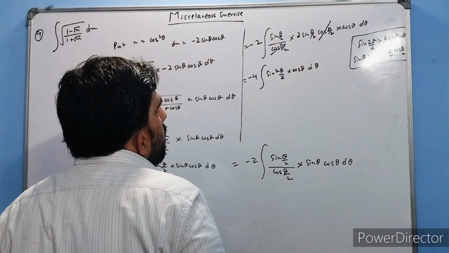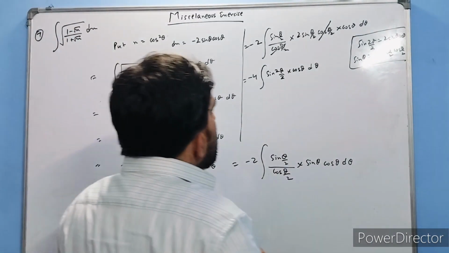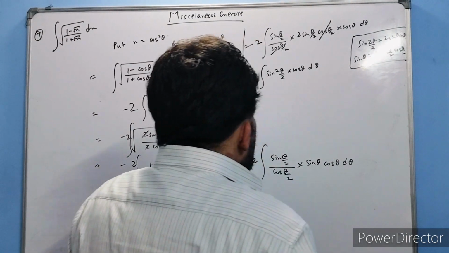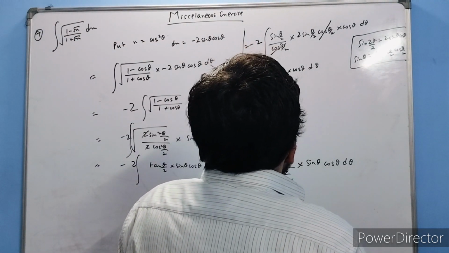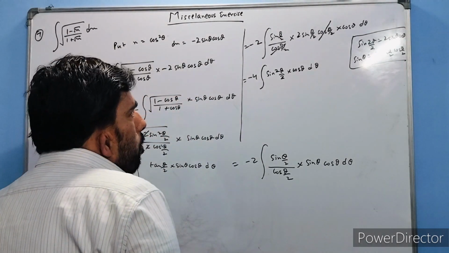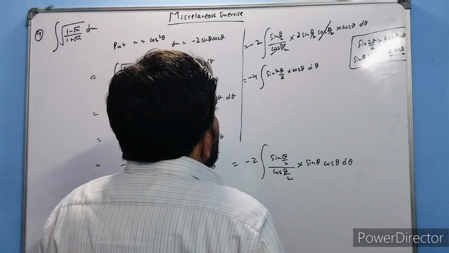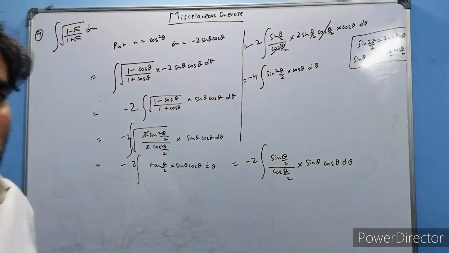Now I have this sine square theta by 2 cos theta d theta, with minus 4 here. So now we can solve it out very easily. Okay, so like this.